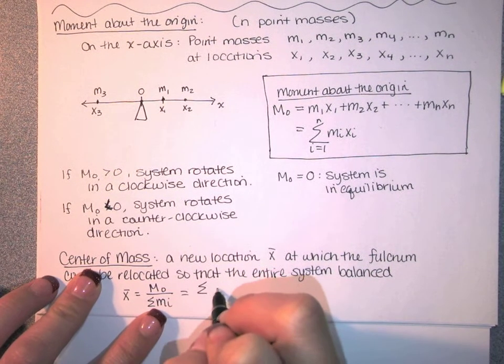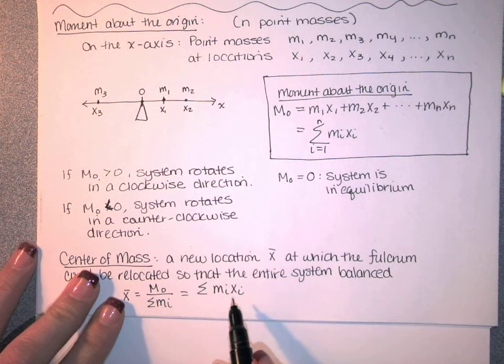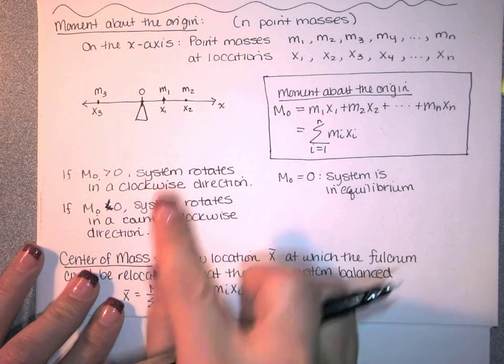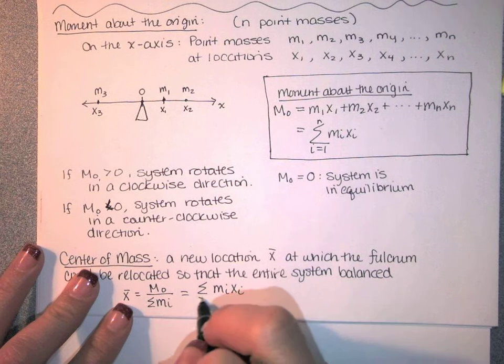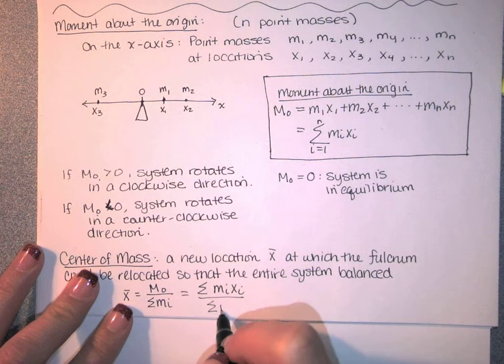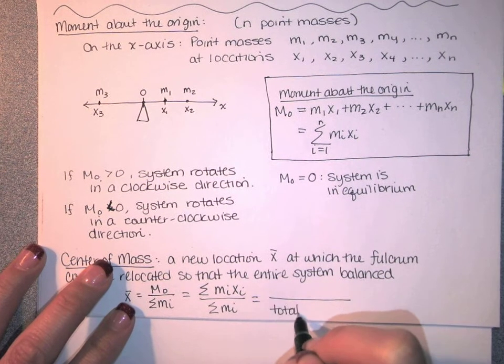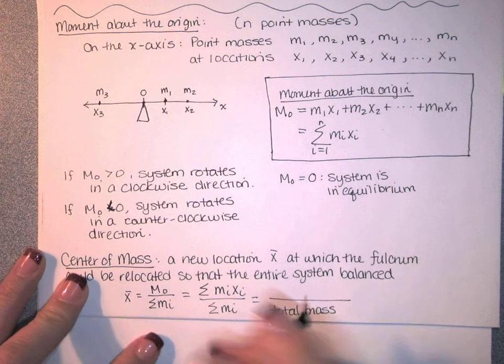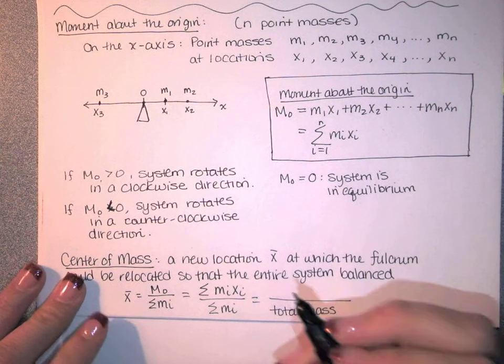So we're going to take the sum of those masses times their locations. That gives us all of the moments, some of them positive on this side, some of them negative on this side. We're going to add them together, and divide by the total mass of the system. That's where we should put our new origin so that everything balances out.